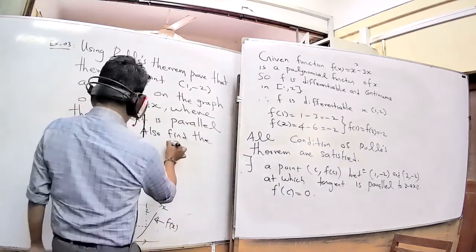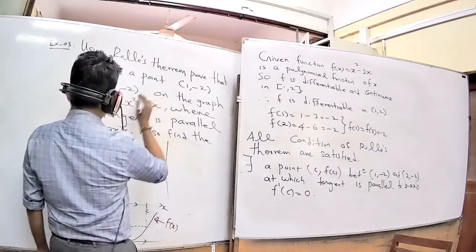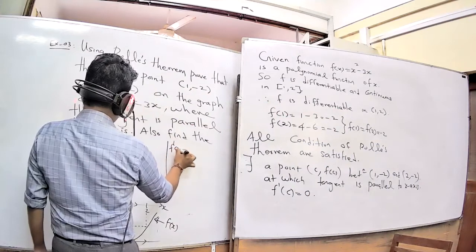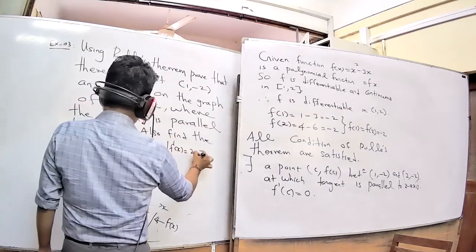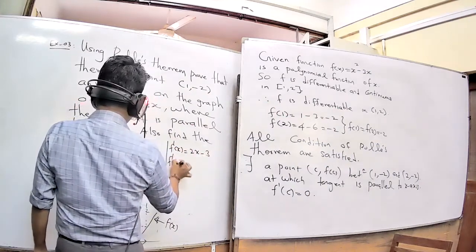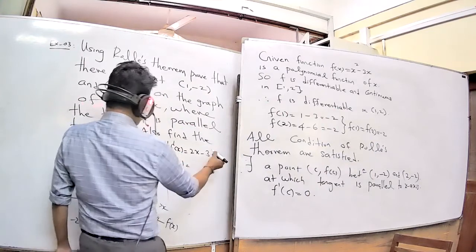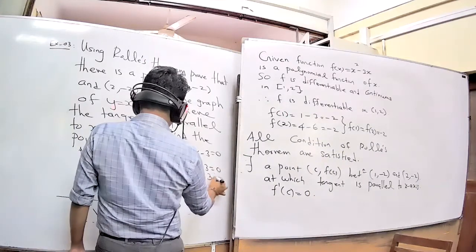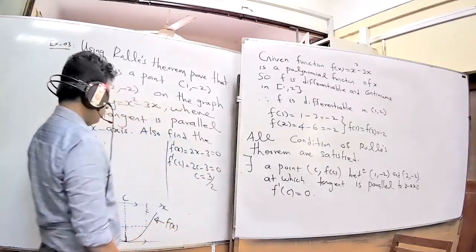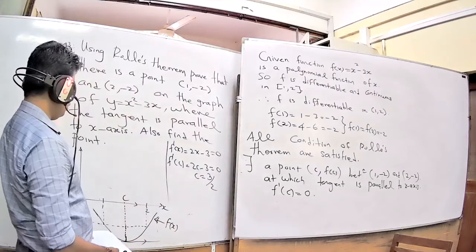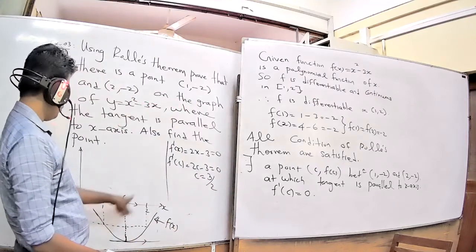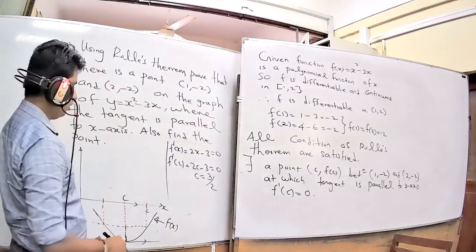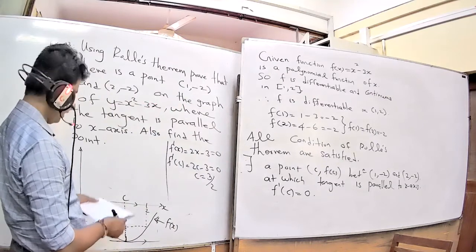For finding the value of c, take the derivative of this function. F dash of x is 2x minus 3. Put the point c, this equal to 0: 2c minus 3 equal to 0. Therefore, c equal to 3 by 2, which belongs to the open interval (1, 2), because it is 1.5.